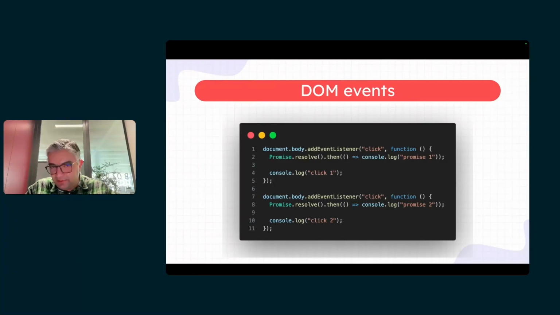What if I tell you DOM pushes click events right after each other to the call stack and runs them? So with this hint, can you guess? Let's see the result. Click one, promise one, click two, promise two. You might guess click one, click two, promise one, promise two, but no, it's not like that.